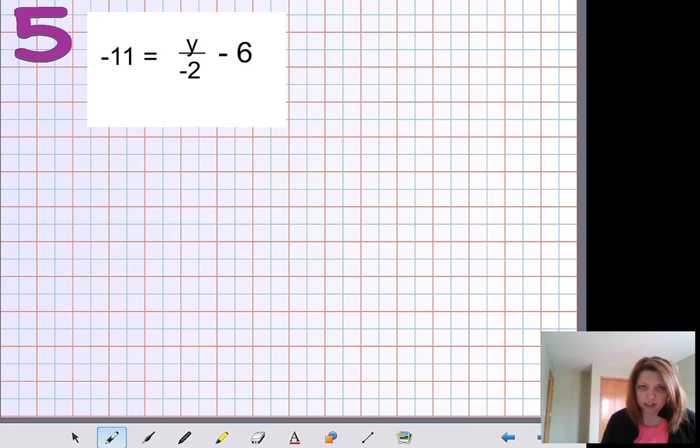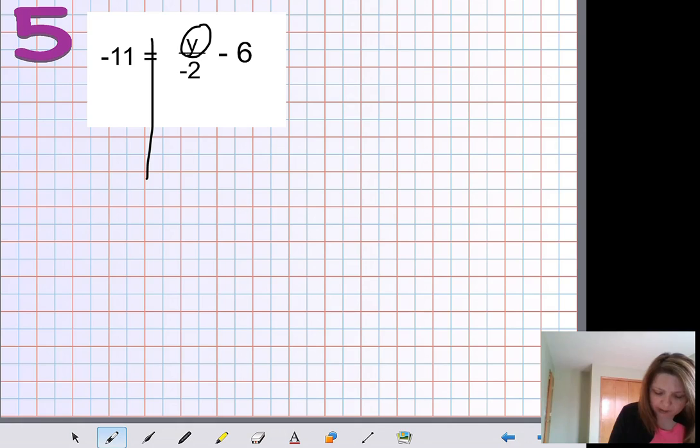So, -11 is equal to y divided by -2 minus 6. Great example when we're looking for y. And again, remember, the number that is subtracted or added needs to go away first. So the opposite of -6 will be plus 6 on each side.